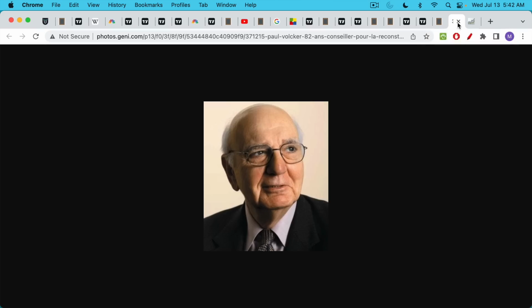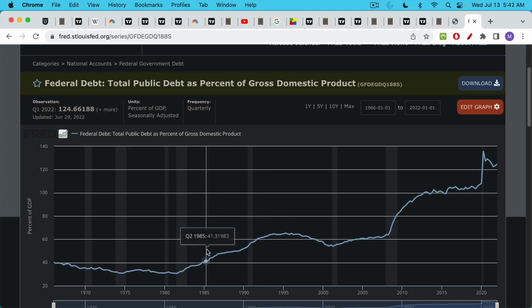Unfortunately, we're in a position now where the Fed cannot tighten with debt to GDP levels this high. As I've said many times, if Paul Volcker himself came back, he could not raise interest rates to 10 or 20% without blowing everything up. When he was active in the early 80s, the debt to GDP levels in the US were closer to 30%. Now, as we said, they're closer to 124%. You cannot tighten with debt to GDP levels this high.